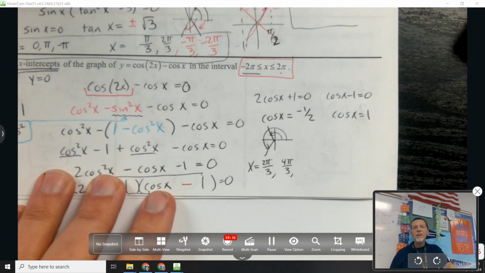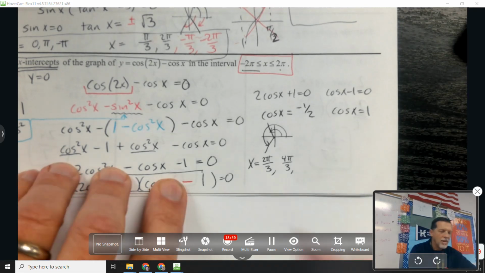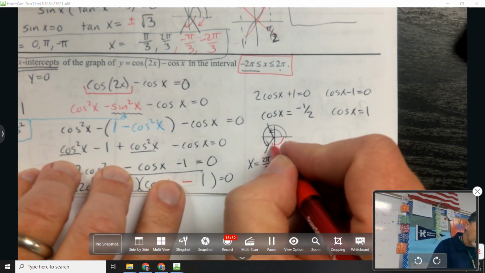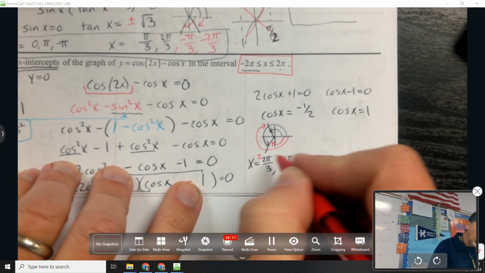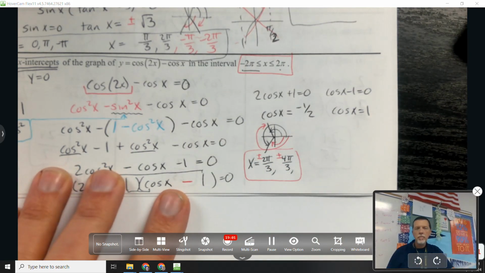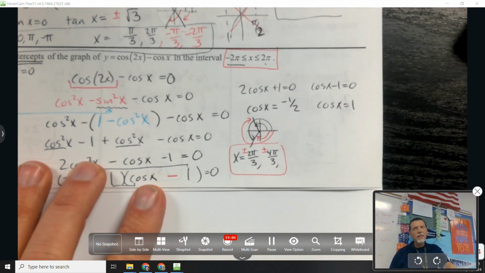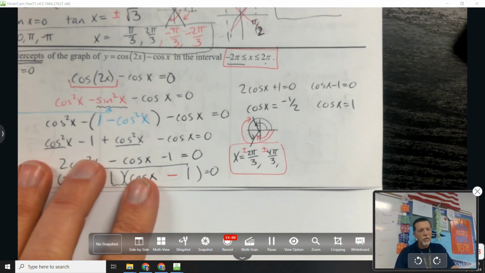But that's not all. That's only the 0 to 2 pi answers. Oh, I could shortcut things and make them both plus or minus. Does anybody see where that comes from? Going backwards would be negative 2 pi over 3 and negative 4 pi over 3. And so, yes, you can just make those plus or minus. Be careful, that doesn't always work. So, use it when it fits, but don't always just go throwing plus or minuses on everybody.